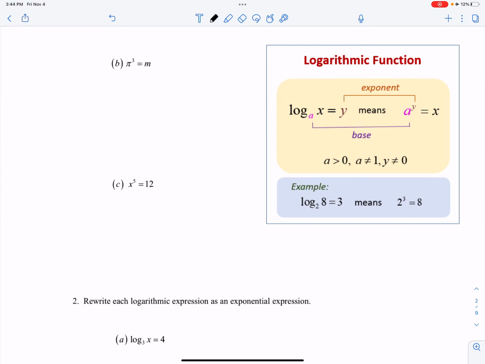Let's do another one. Pi raised to the third power equals m. So the first thing we're going to do is write log. Our base is pi. And our exponential equals m. So that's what's inside of our log.